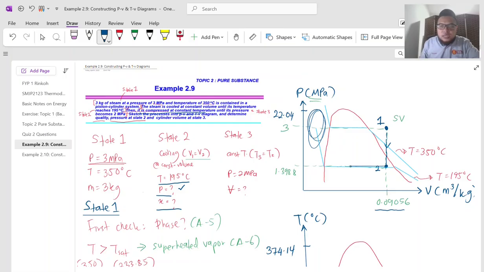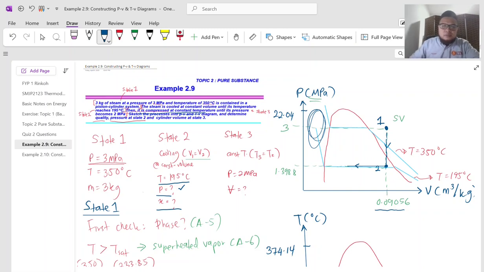I don't know where it will stop, but we will know the stopping point when we find out what the phase is. So how do we actually know the phase of state 3?